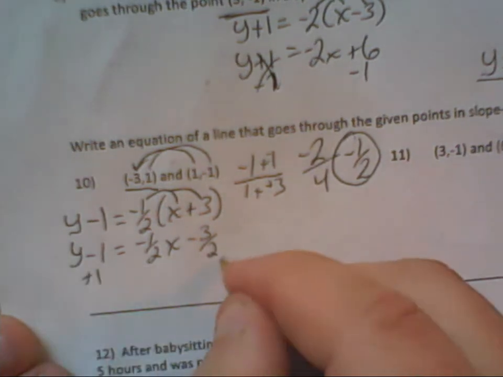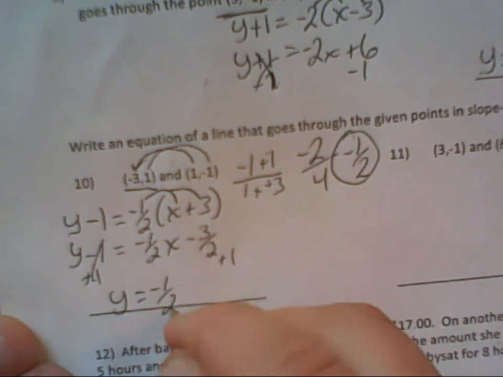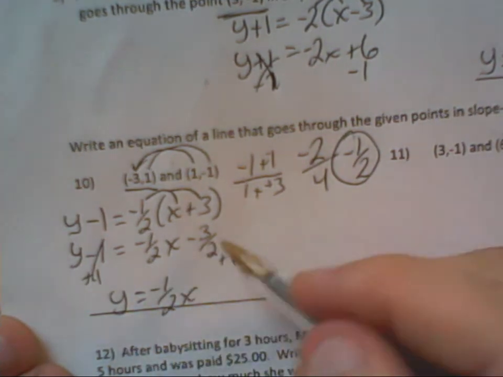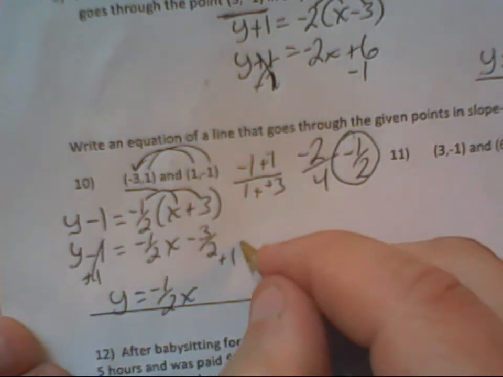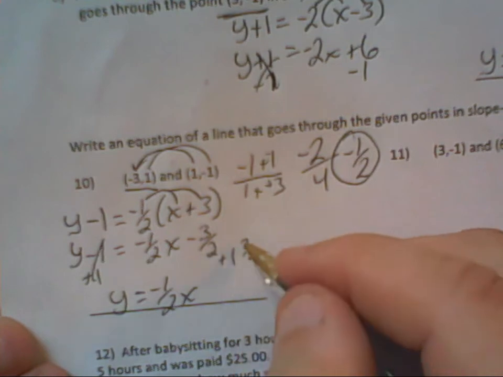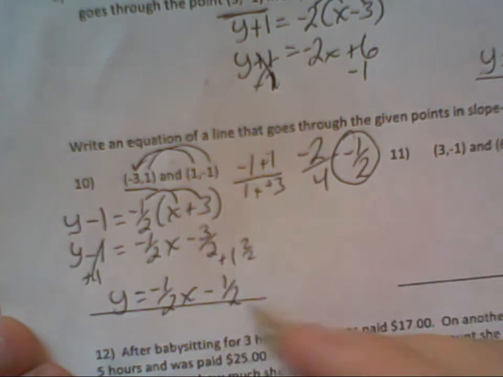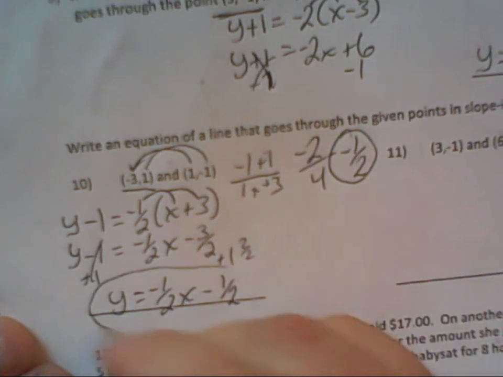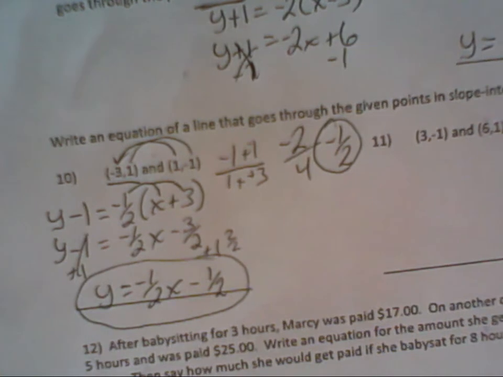And then I will add 1 to both sides. So I'll have y equals negative 1/2 x, and then we have negative 3/2 plus 1. Well, 1 is the same thing as 2 over 2. Negative 3 over 2 plus 2 over 2 is negative 1 over 2. So my equation is y equals negative 1/2 x minus 1/2.